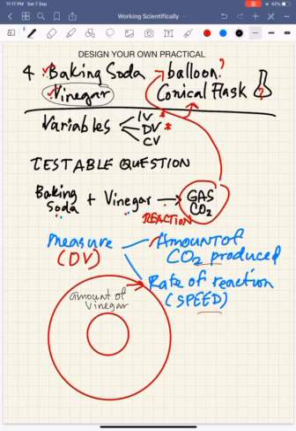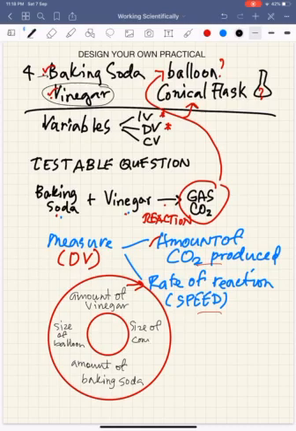We can also change the amount of baking soda, again because baking soda is another chemical we're using. Some of you said we can change the size of the balloon, or the size of the conical flask. These are all the factors that you can change.